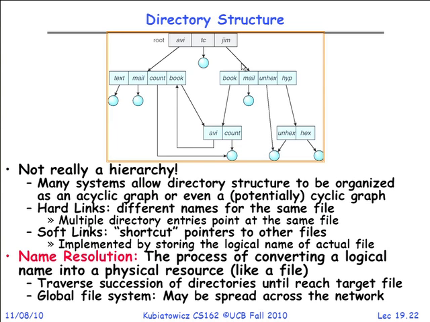I'm resolving the name into an inode so that then I can open the file. As you can see, because this is the typical directory structure that everybody has, I actually have to open the root directory, then open this directory, then open that directory before I open the file. There's actually a lot of work involved in name resolution. That's why the more elements you have in your path, the more work has to be done.